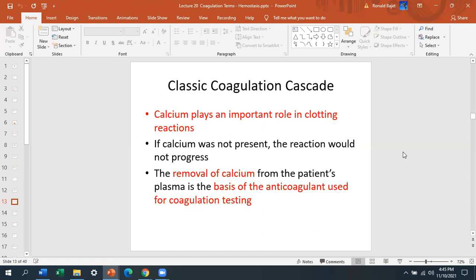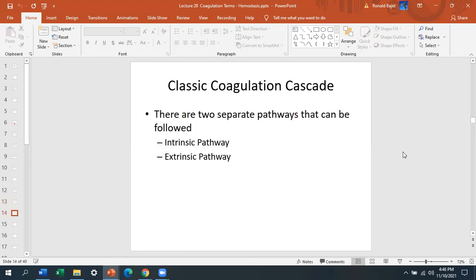The key thing about these tubes is that calcium is missing, and without calcium you won't get any clots. So the removal of calcium from the patient's plasma is the basis of the anticoagulant used for coagulation testing. There are two separate pathways that can be followed: the intrinsic pathway and the extrinsic pathway.